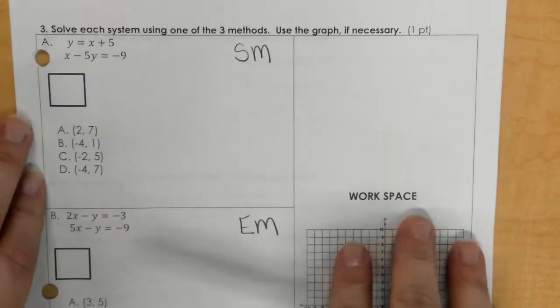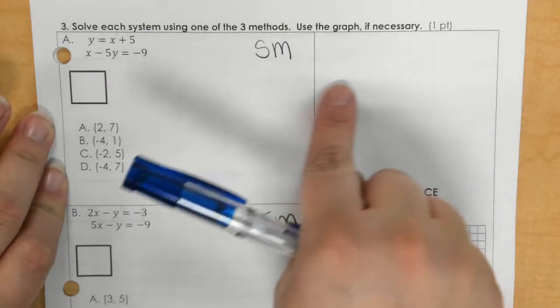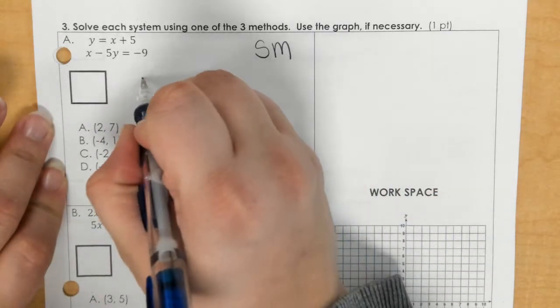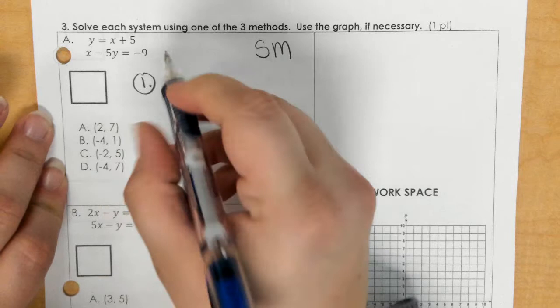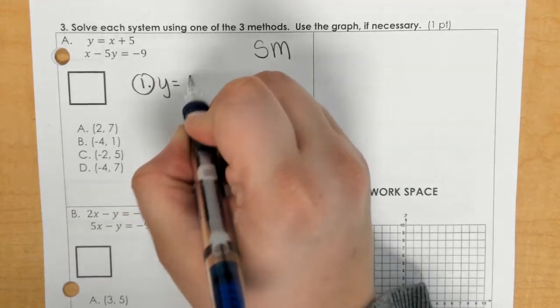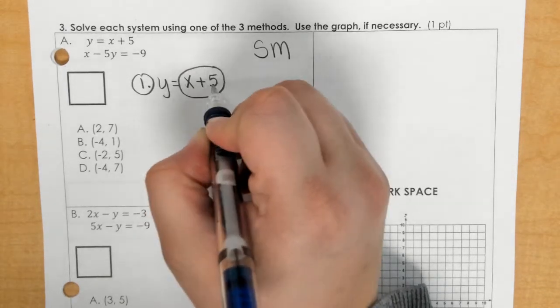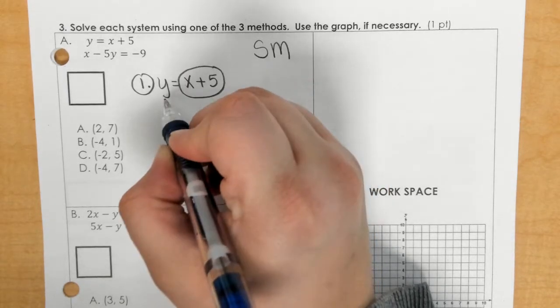So going back up to A, if we need to, we can use this space over here. So for step 1, you want the equation that has y by itself. So that would be the first one. And we know that x plus 5 equals y.